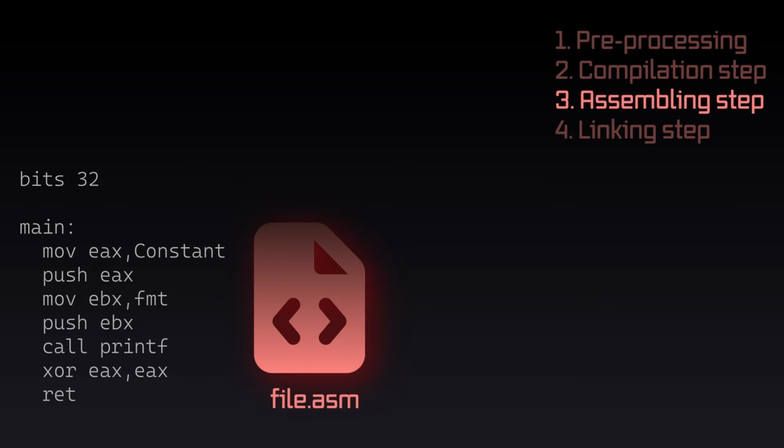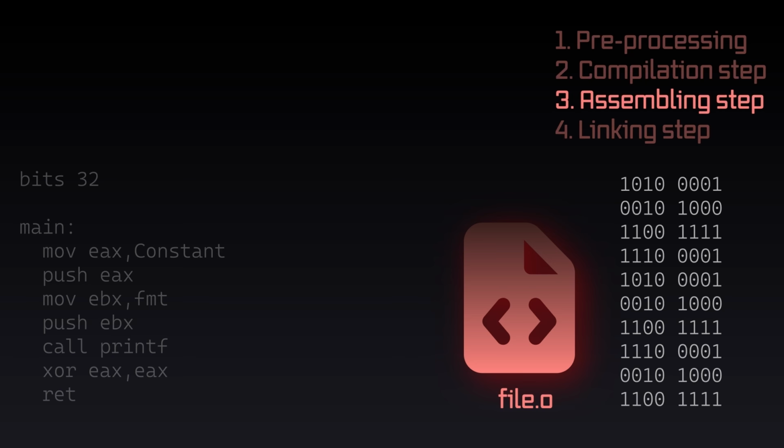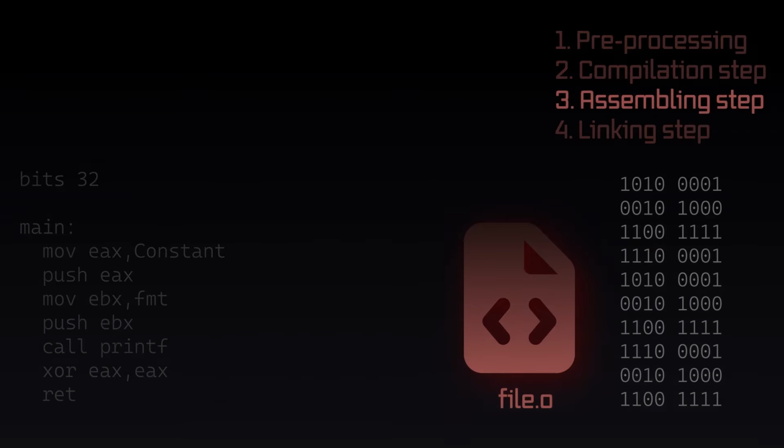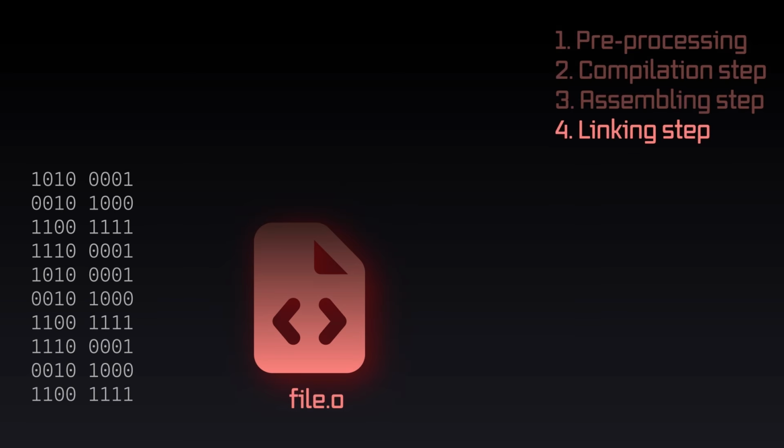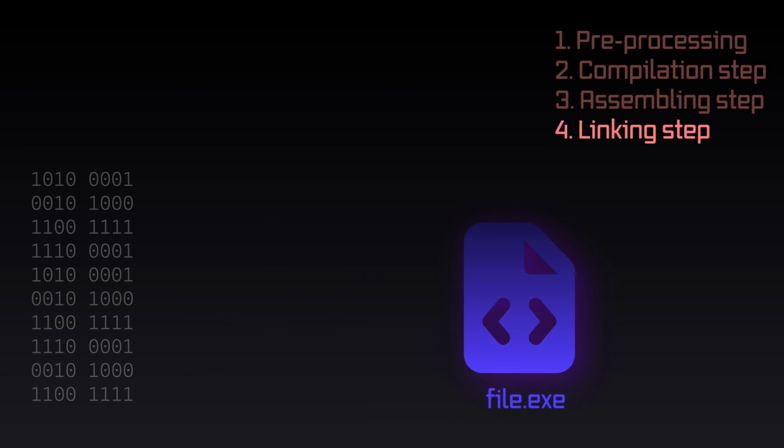The next step will take that assembly code and assemble it into raw machine instructions that your computer can understand. And then at the linking step, you take that machine code and you add different libraries, and the output file is an executable, like an exe file or an ELF file.